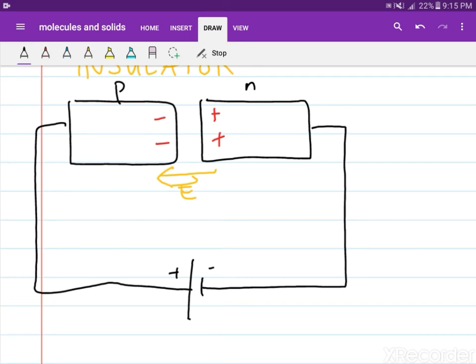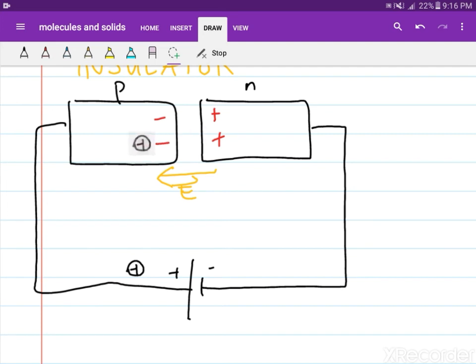So what will happen is that this battery will drive the positive charges here. So it will drive positive charges, and since we have a depletion layer here, these positive charges cannot go around this circuit.